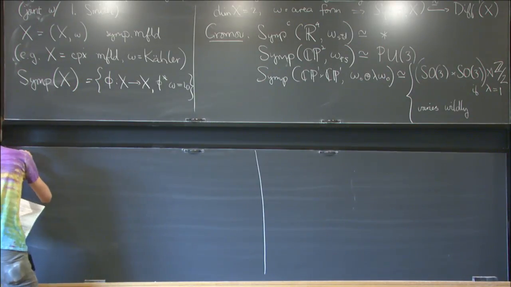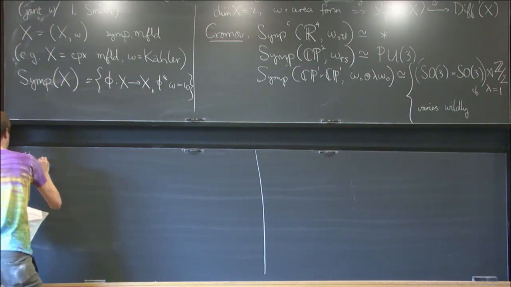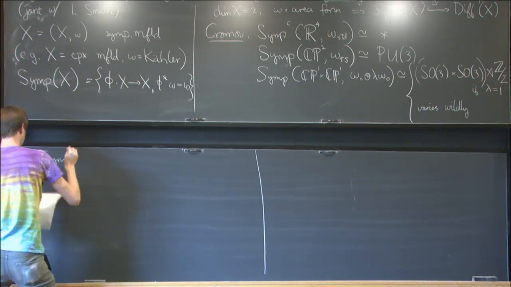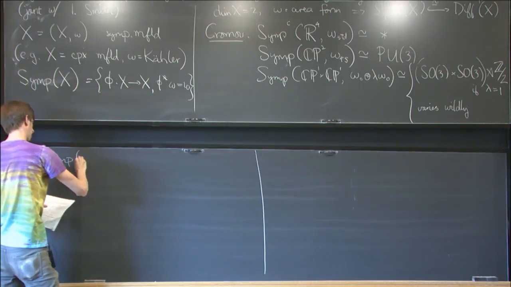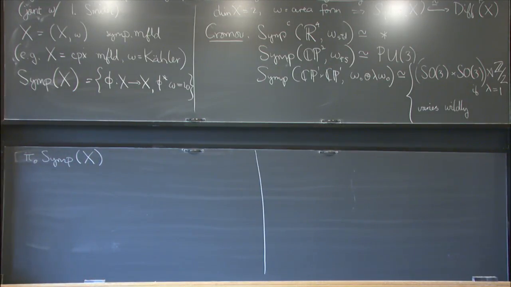So when we don't have this nice technique using foliations, the first thing we can try to study is the symplectic mapping class group.